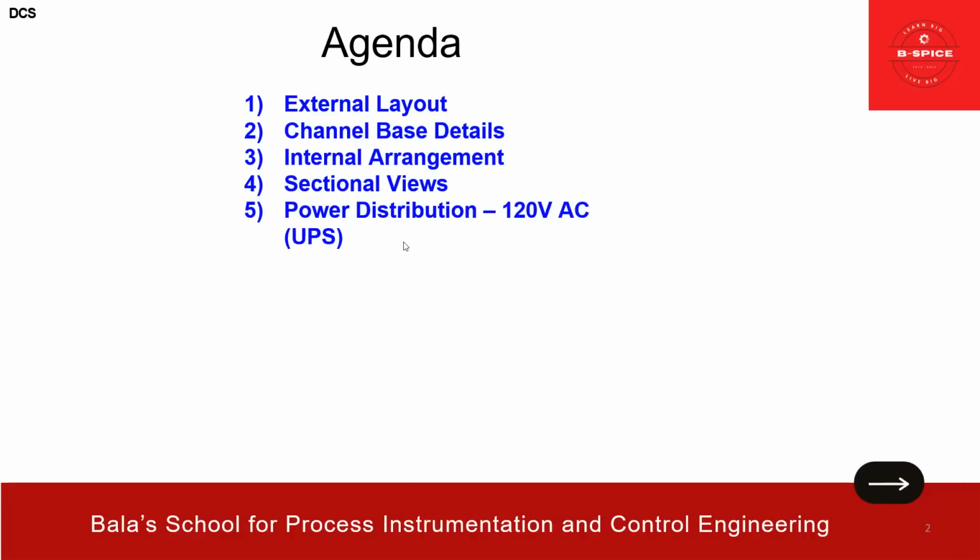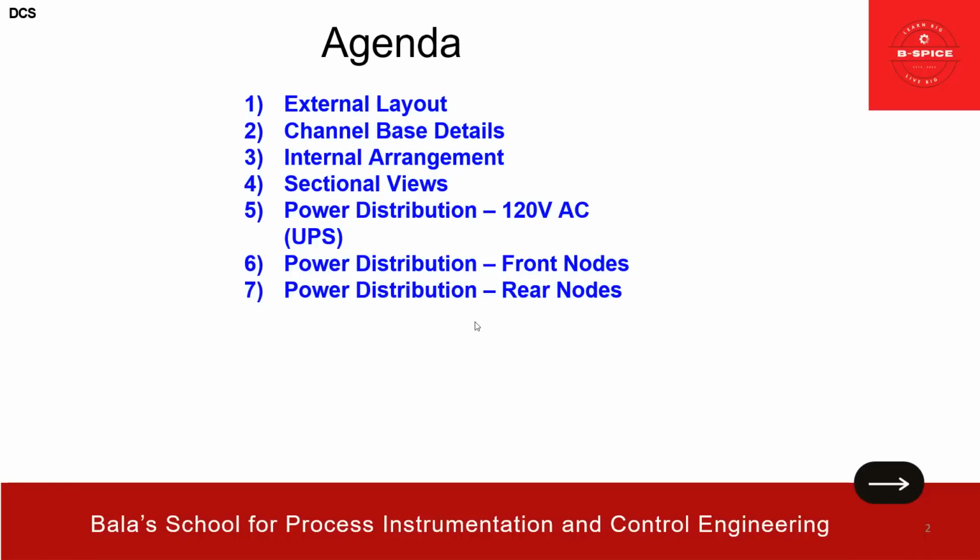Then power distribution. If it is a 120 volt AC UPS, you go with this option; sometimes it may be 230 volt or 24 volt DC. Then power distribution for the front nodes, meaning how we are going to supply the power for all the nodes on the front side.